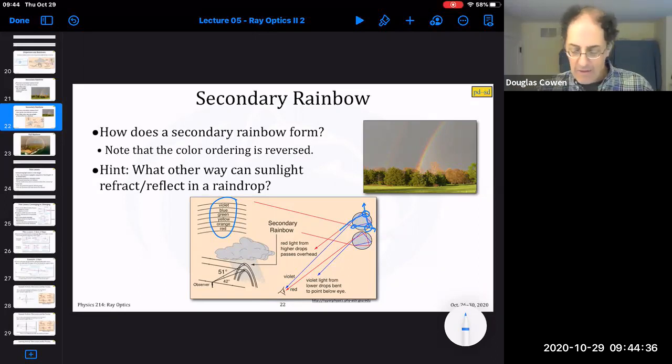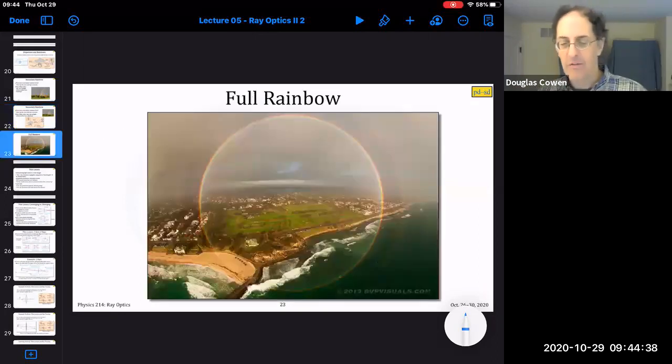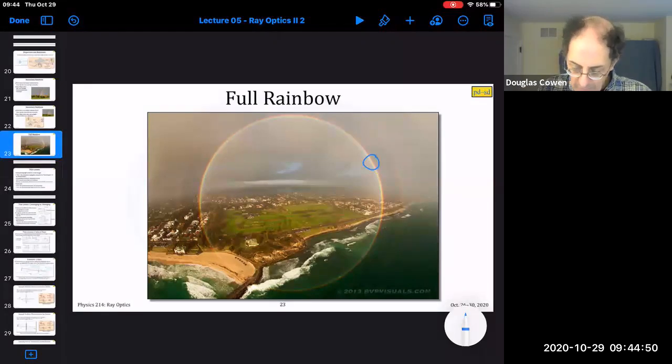If instead you're in an airplane, then you can see more of the rainbow. In fact, this person was lucky enough to see the full circle of the primary rainbow. Here's a little bit of it circled there. And you can also see the secondary rainbow, which doesn't quite make it into the photo, but goes up like that and around.